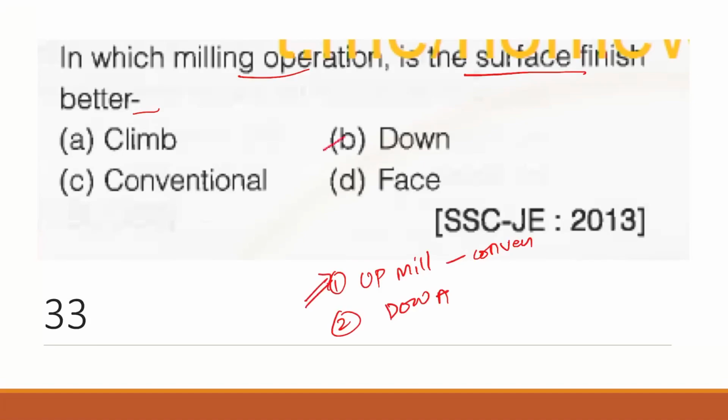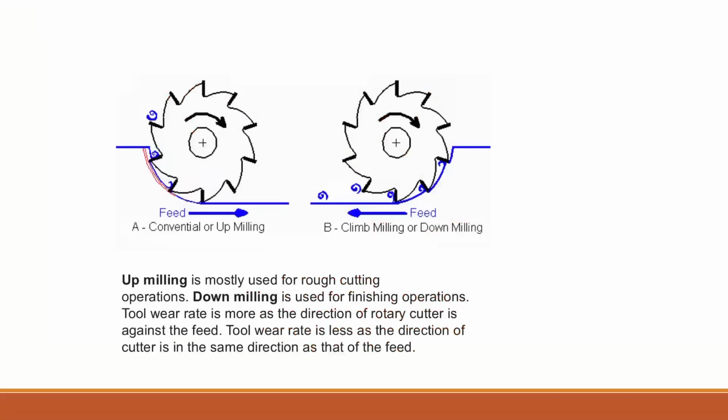The correct answer is down milling, because in up milling the direction of tool travel is opposite to the direction of the workpiece, and that's why there is a lot of friction, and the surface finish that we get is very rough.